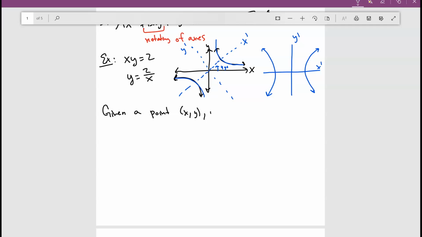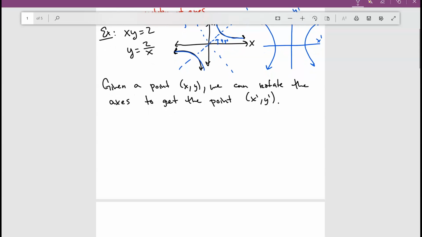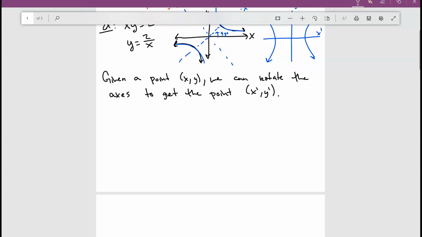Given this point, we can rotate the axes to get the point x prime, y prime. So we want to have some sort of relationship between x and y to x prime, y prime. What we're going to do first is use polar coordinates, and you'll see why polar actually works really nice here.